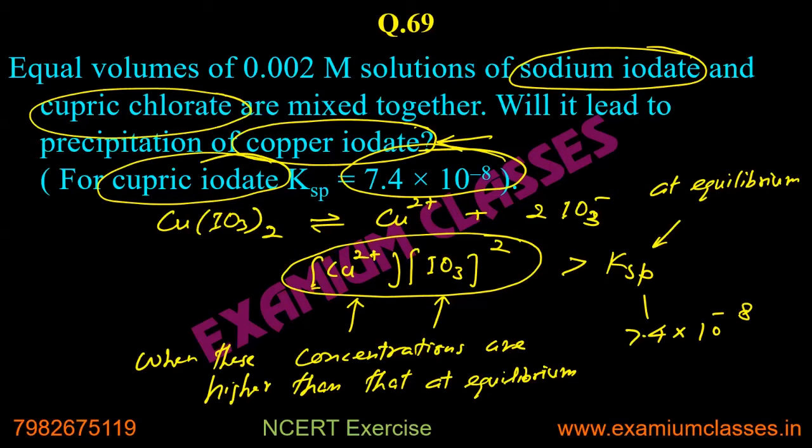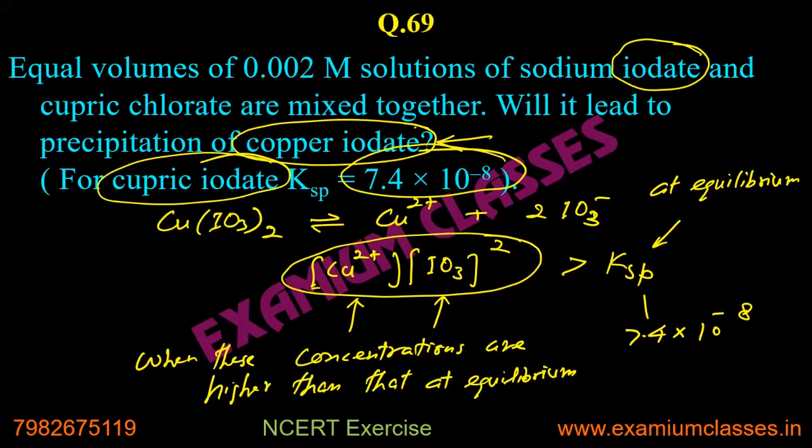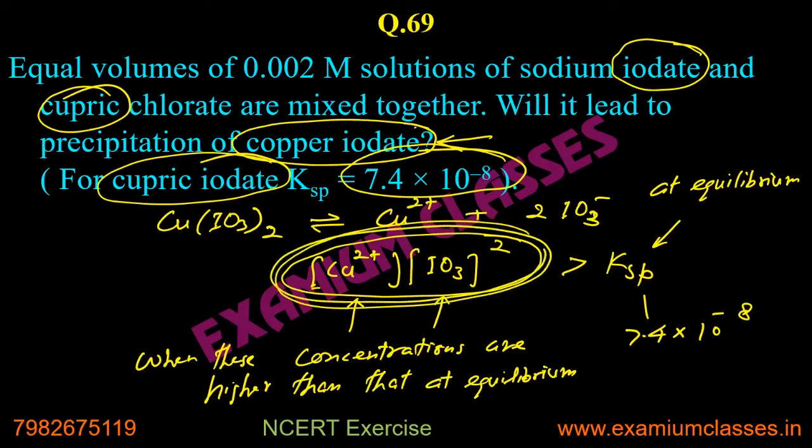It means if we calculate the cupric ion concentration and iodate ion concentration from the given ones, iodate ions from sodium iodate, cupric ion from cupric chlorate, and we multiply those as per this criteria, means copper ion concentration multiplied by iodate ion concentration whole square, IO3 minus here.